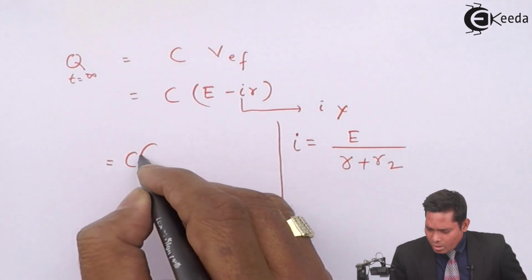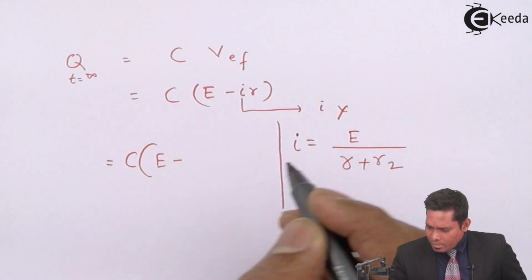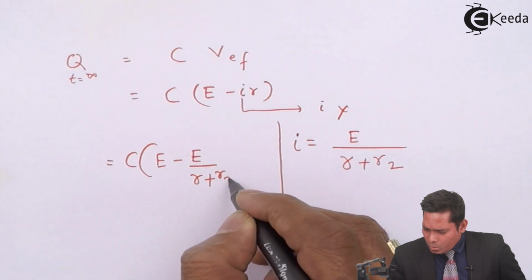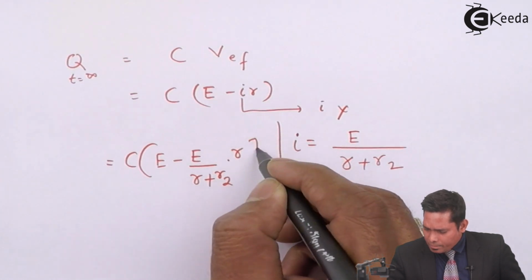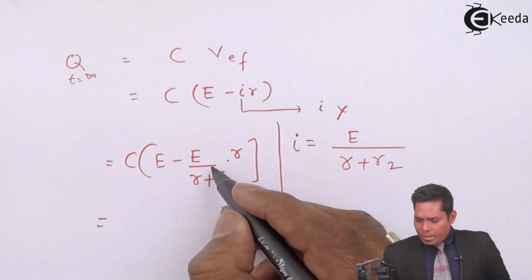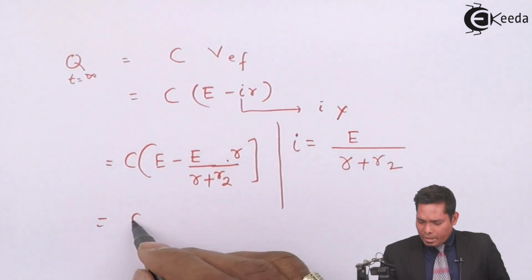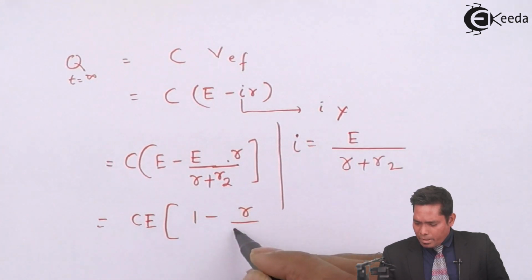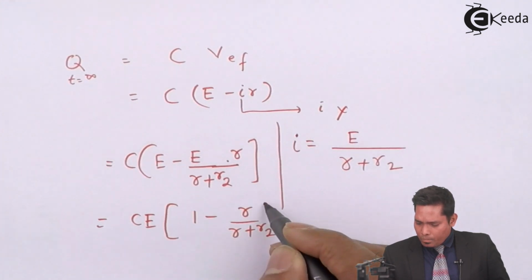This is C times E minus E divided by R plus R2, into R. E can be taken out. Now this is 1 minus R divided by R plus R2.